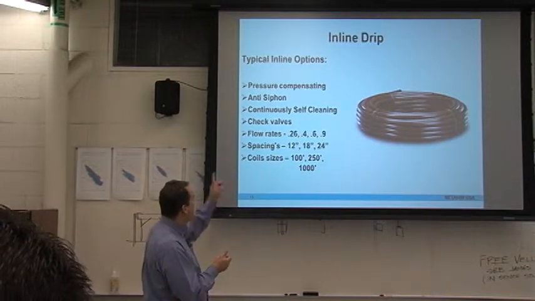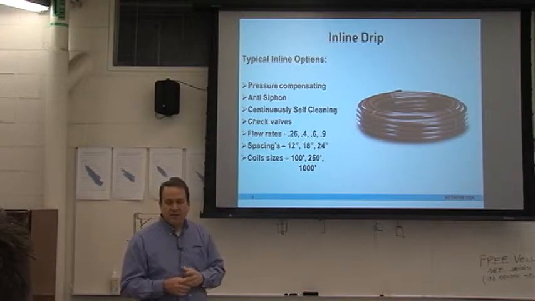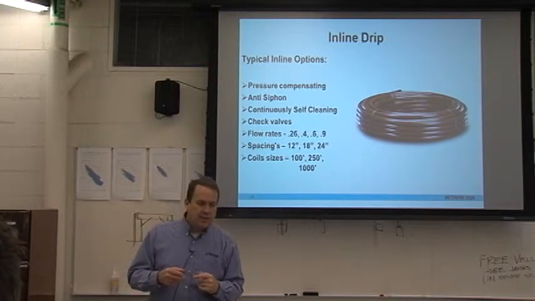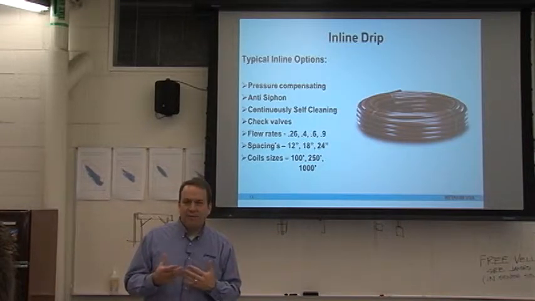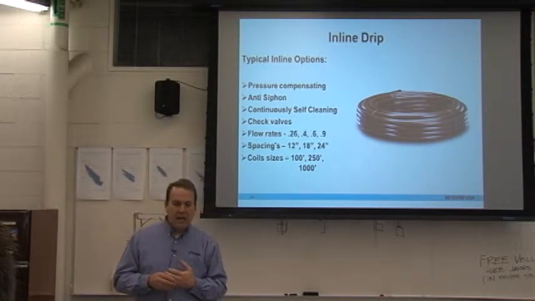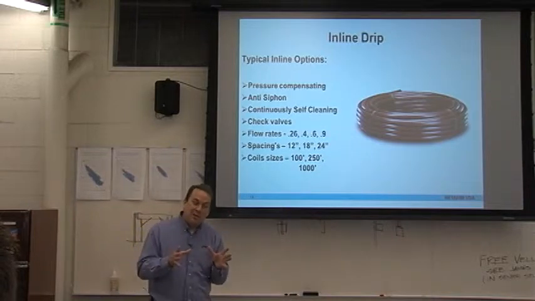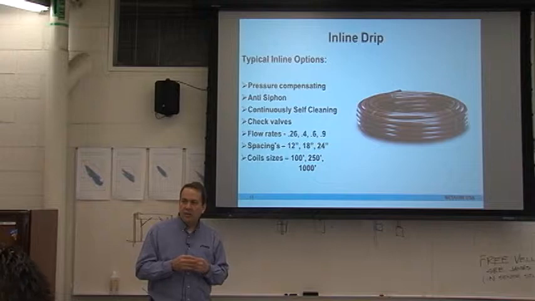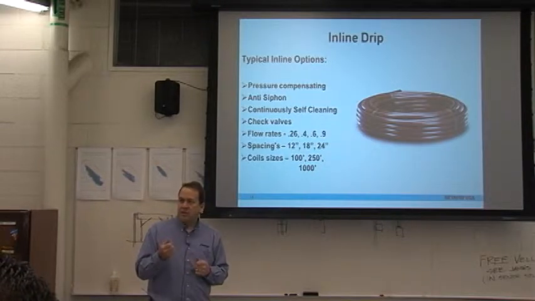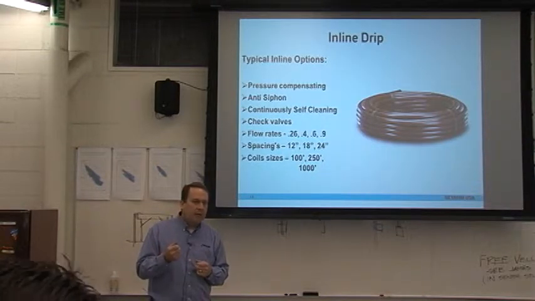Okay, I will talk a little bit about continuously self-cleaning, because one of the concerns about drip irrigation is that they plug up with dirt fairly easily, and some do and some don't. Some of the things to look for when you're dealing with drip irrigation is the level of filtration that they require for operation.